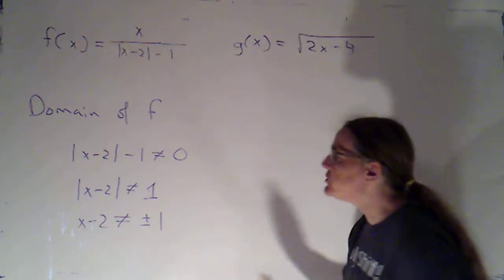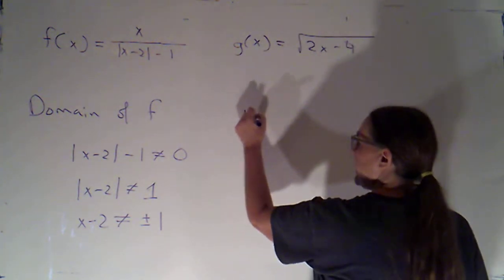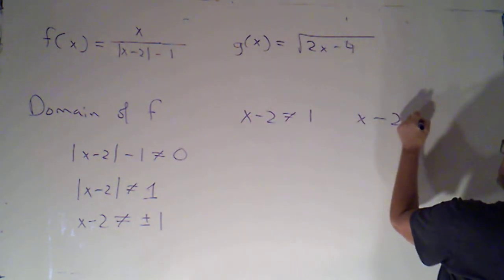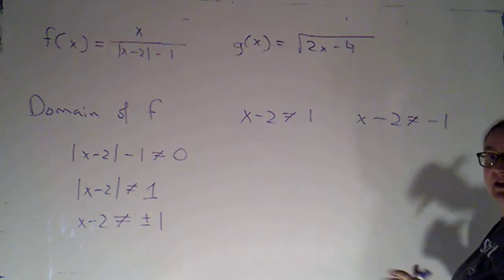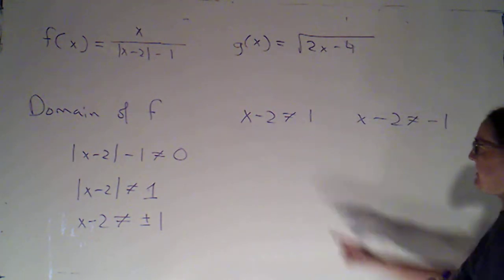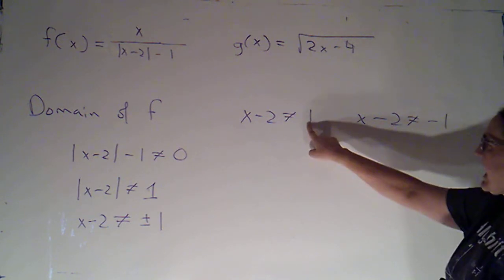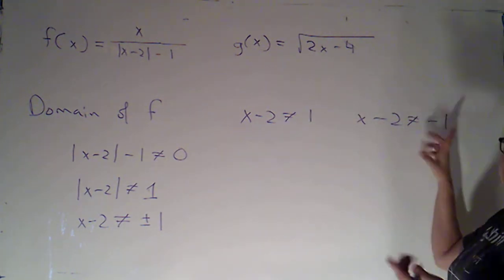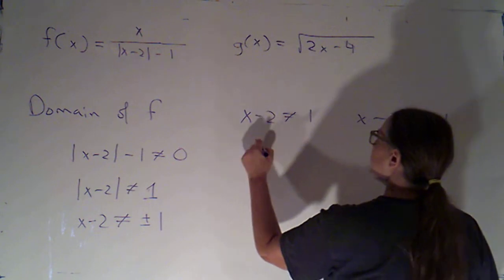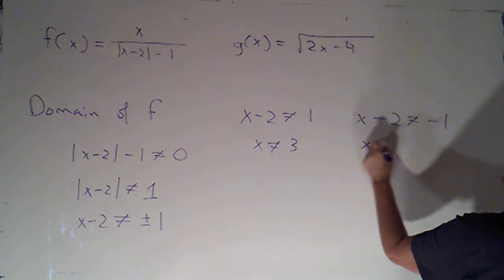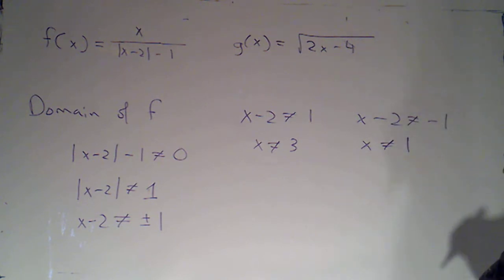Now that's actually two separate things for me to solve. x minus 2 can't equal 1, and x minus 2 can't equal negative 1. And I do need to work those out separately, because in both cases I'm going to add 2 over to the other side, but adding 2 to 1 is a very different problem from adding 2 to negative 1. So here I'm going to get x can't equal 3, and here I'm going to get x can't equal 1.